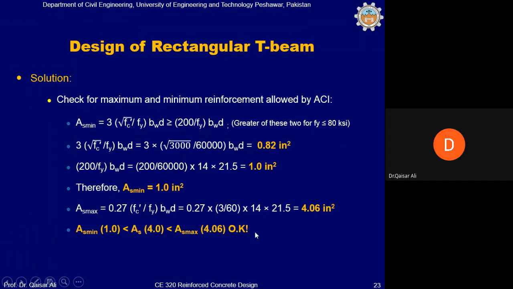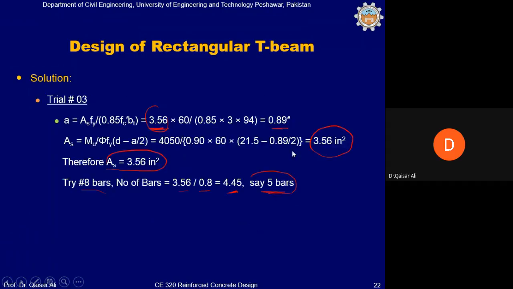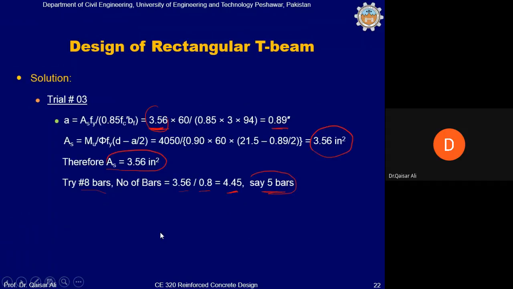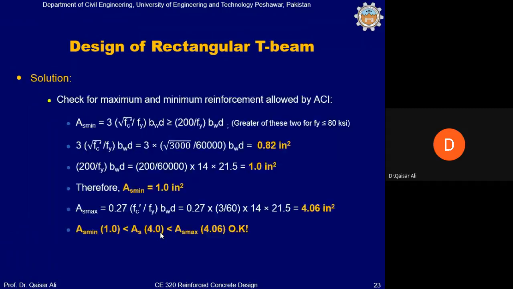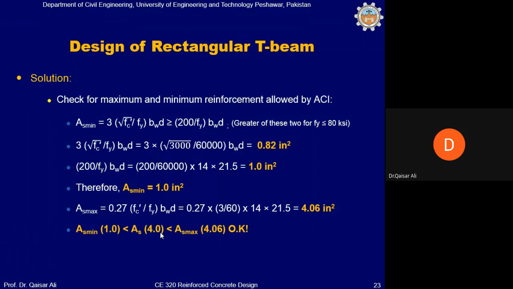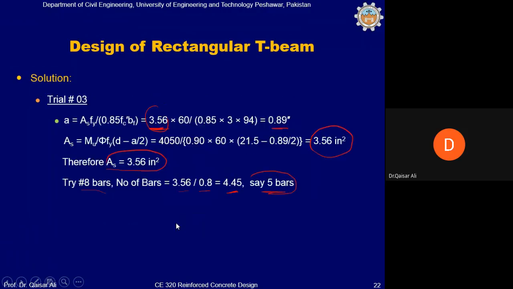AS calculated from the previous is 3.56 square inch. 3.56 is less than AS maximum and more than AS minimum, so this value is okay. Now the value which is actually used is 4 square inch, because we have used 5 bars, multiplied by 0.8.